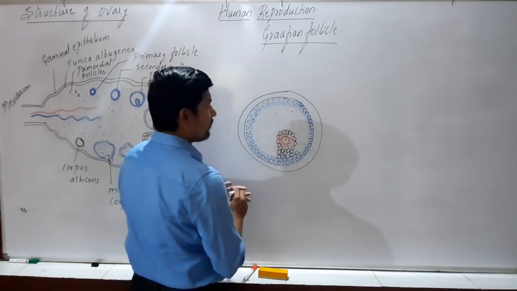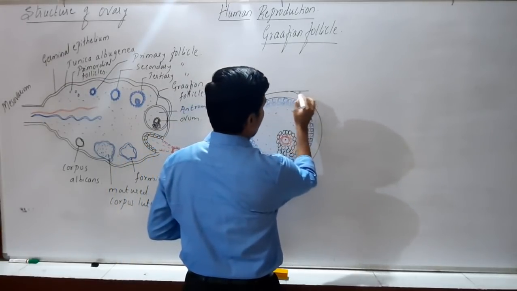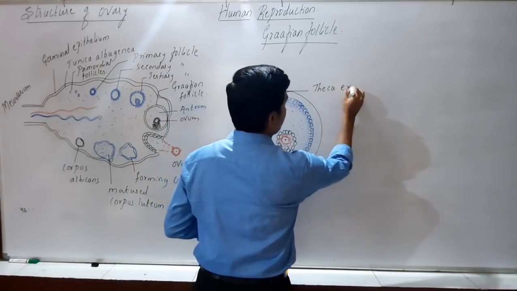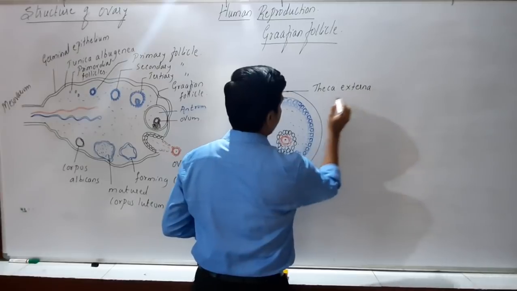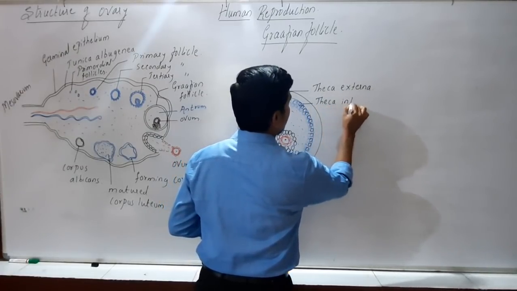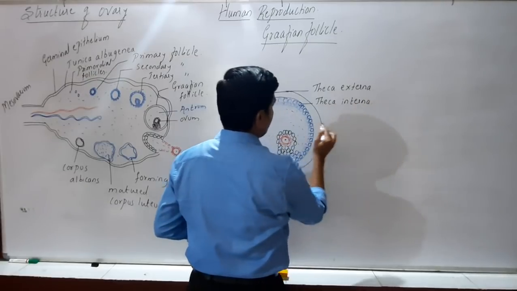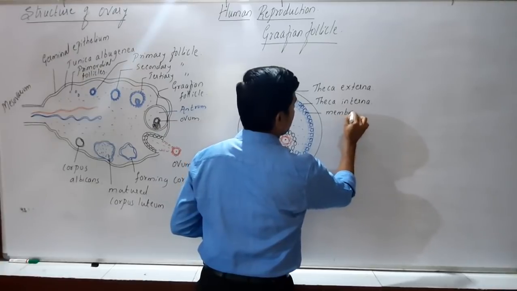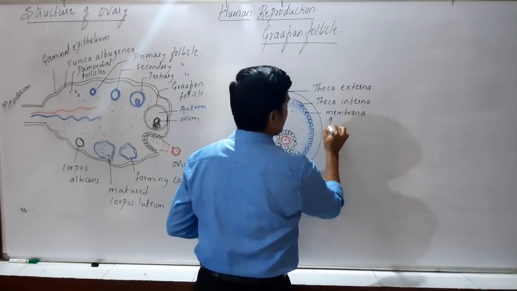Now in this view, the outer part is called the theca externa. This is the theca interna. This is the membrana granulosa.